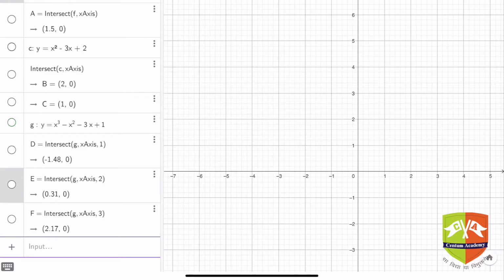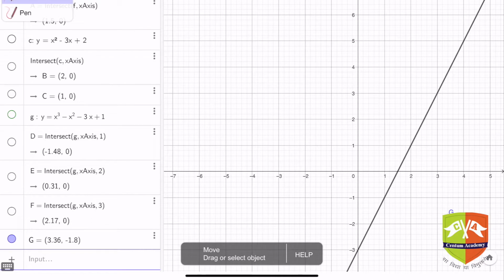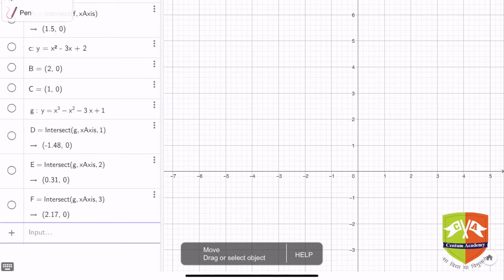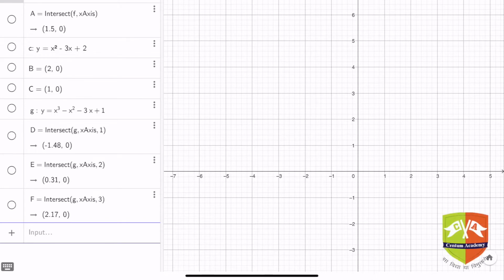So welcome folks, this is a GeoGebra tool. I have already done a graph for you. This is f of x equals 2x minus 3. If you see this graph, this is nothing but y equals 2x minus 3.